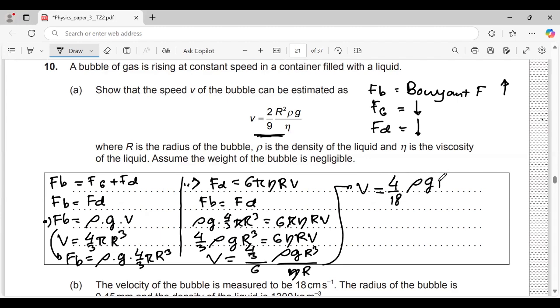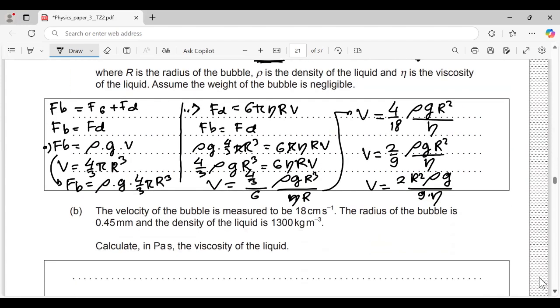Rho g r squared over eta, like that. Now simplify 4 over 18 becomes 2/9 rho g r squared over eta, or v equals 2 r squared rho g over 9 eta, like that. So same with this statement.